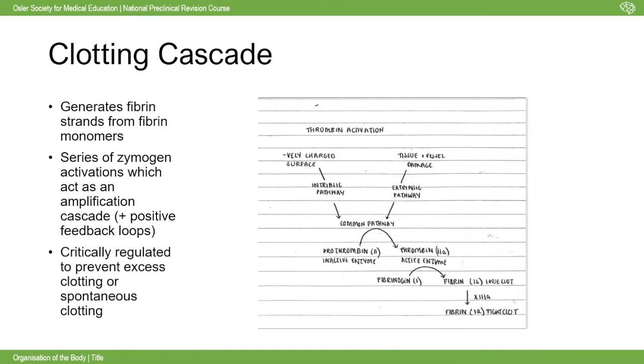Then thrombin is able to convert fibrinogen to fibrin, and fibrin is able to form a tight clot. So fibrin is the key fibre that we want to produce, and all of the rest of it is only leading to that end point. So think of it as a funnel, where you have different aspects that lead to our common pathway, and that leads to our thrombin and then our fibrin.